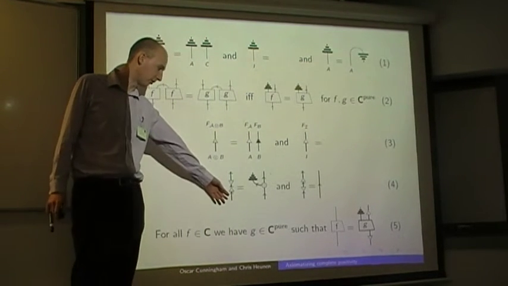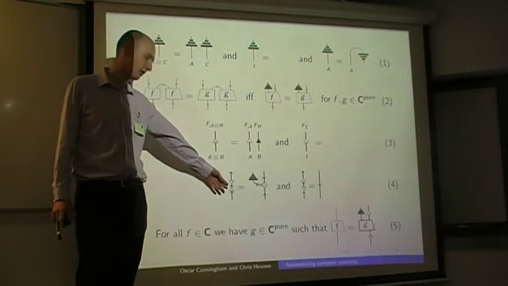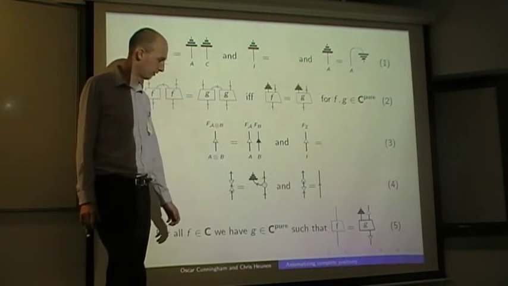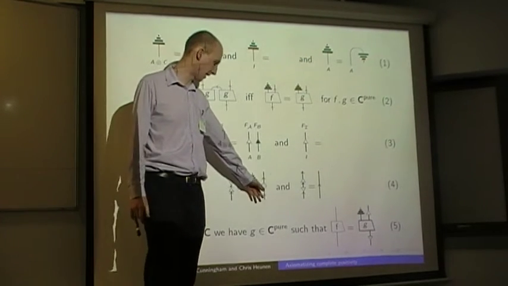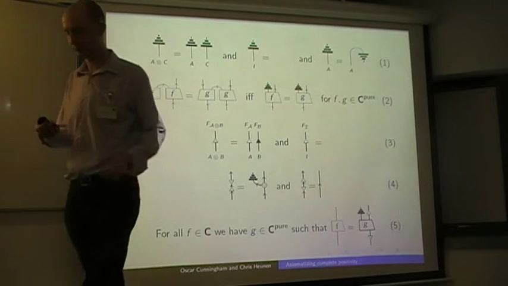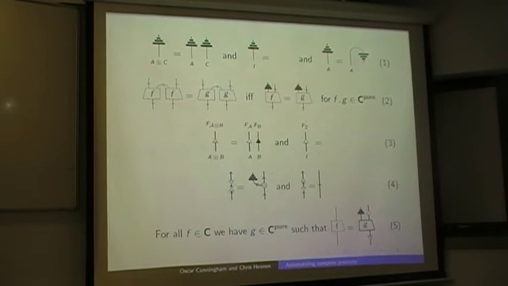And this one says if you have a quantum thing and you decohere it onto a classical structure and then take it back to the quantum thing again, that's the same as this thing, where this is your original multiplication map.